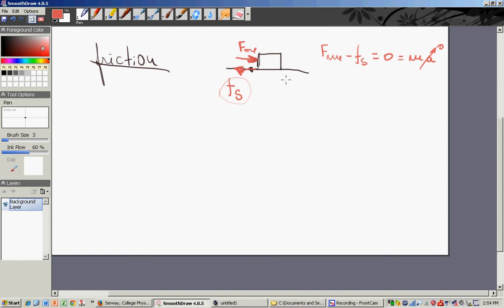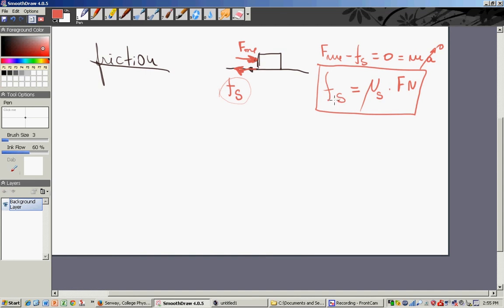Okay? Now, there is an instance where you are able to overcome this friction force, and then the block moves. So when you get to this maximum value, when the static friction cannot hold anymore that motion, the static friction is found to have a value which is equal to the so-called coefficient of static friction times the normal force.